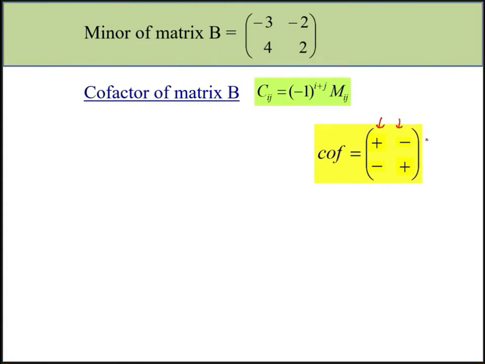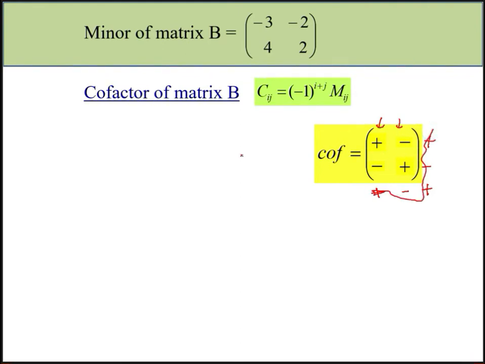If this is a 3 by 3 cofactor, after negative, the opposite of negative is positive, and then here the opposite of positive is negative, and positive here, negative here, and positive. So it will always alternate if this is a 3 by 3 cofactor. But now we are dealing with a 2 by 2 cofactor, so we only have these 4 elements.